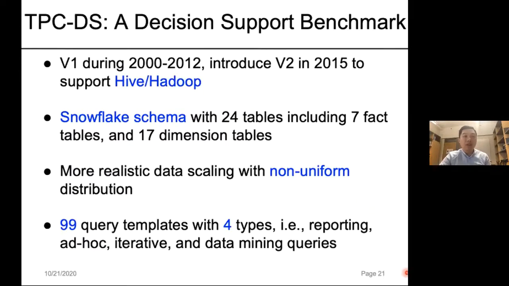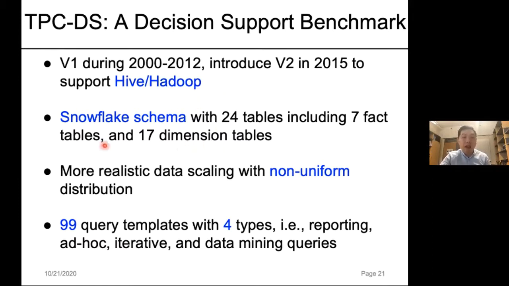So the TPC developed a benchmark, TPC-DS, to replace TPC-H for decision support benchmarking, and it introduced TPC-DS version 1 during 2000 to 2012, and then it introduced version 2 in 2015 to support Hive, Hadoop, and other features.